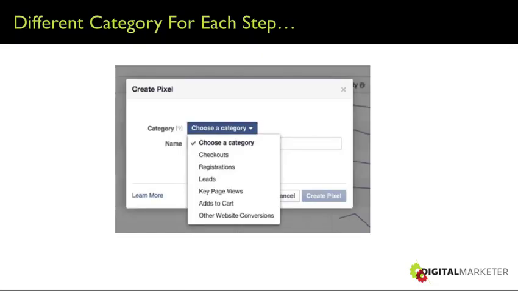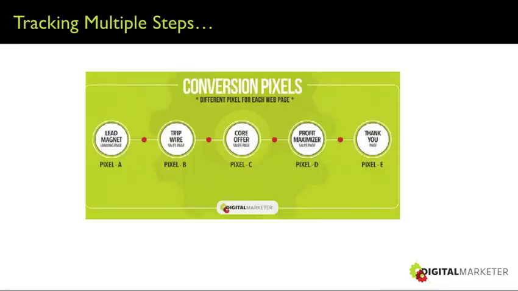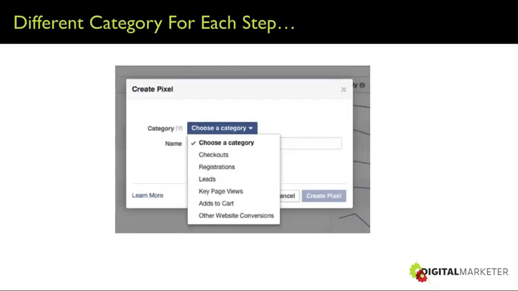When you go to create, say you need 5 different pixels, or you need pixel A, B, C, D, and E, just like I showed here on this image. Here you would actually have to use a different category for each of these pixels when you're setting up your conversion pixels.